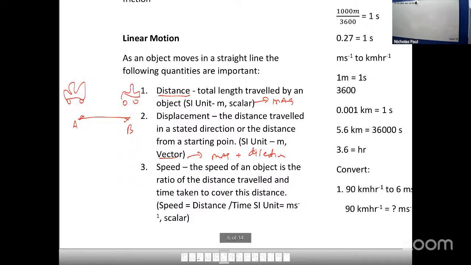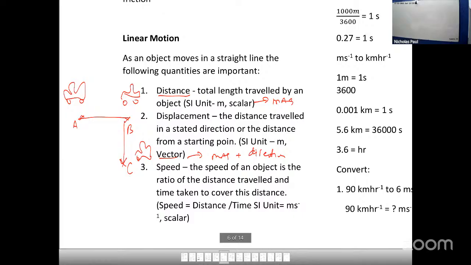On the other hand, displacement is the distance from a starting point in a stated direction. So for example, if I ask you for the displacement covered here, that will simply be the straight line distance from A to B. But let's say the car went down to C. The total distance traveled will be A to B to C, add up all of that.